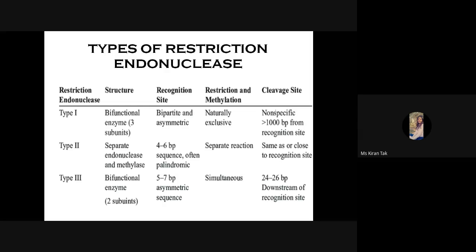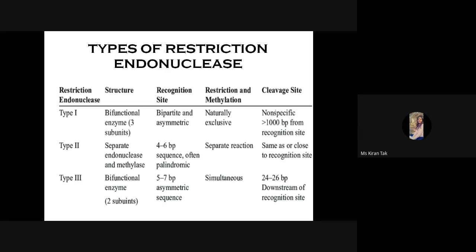Now, the types of restriction endonucleases. There are three major types: type 1, type 2, and type 3. Type 1 enzymes are bifunctional enzymes having three subunits. The recognition site is bipartite and asymmetric.